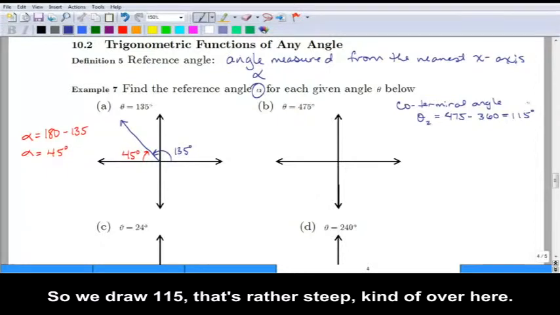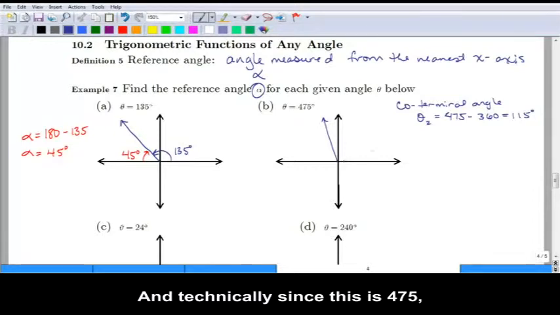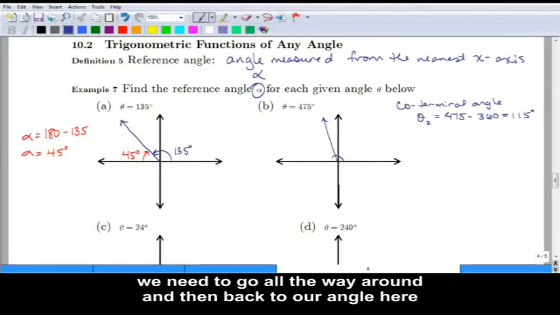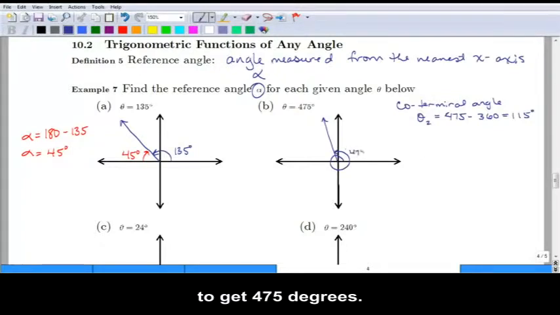So we draw 115, that's rather steep over here, and technically since this is 475, we need to go all the way around and then back to our angle here to get 475 degrees.